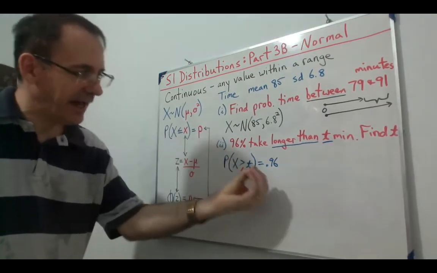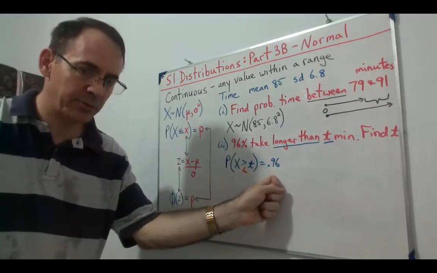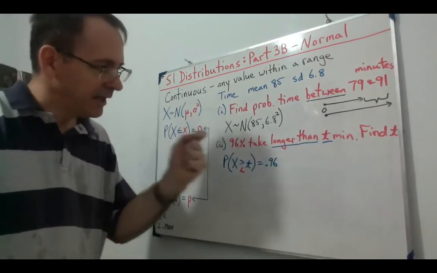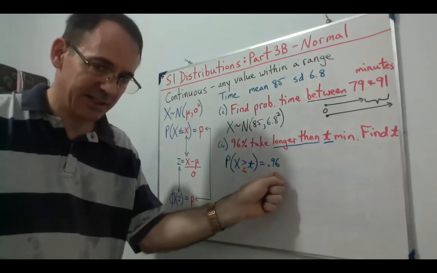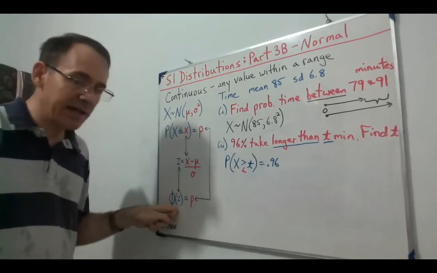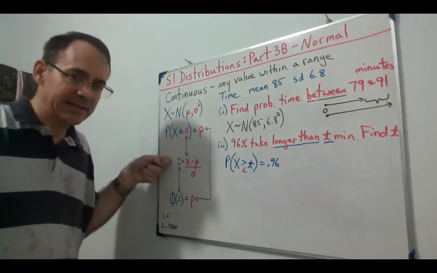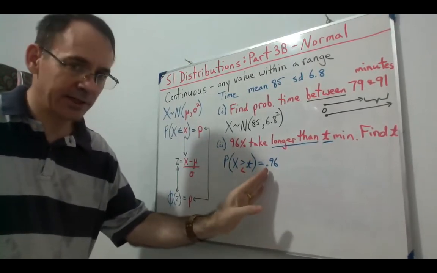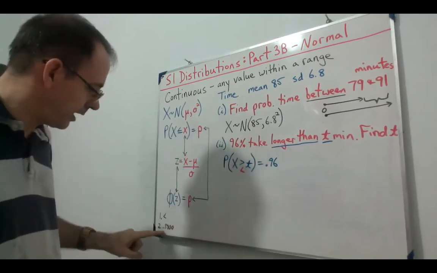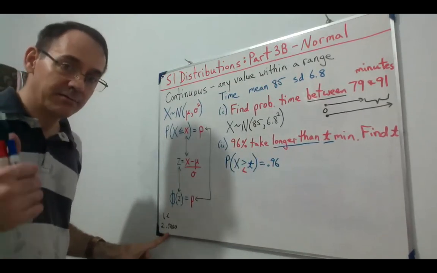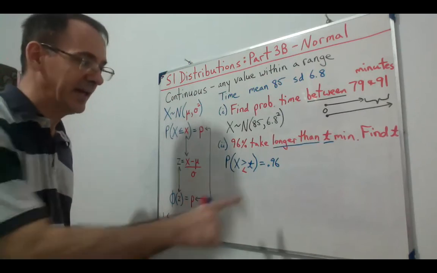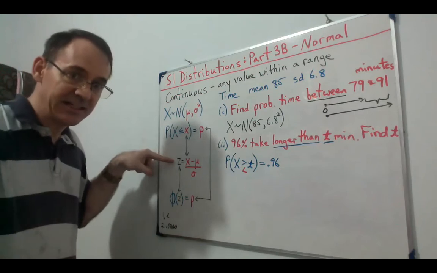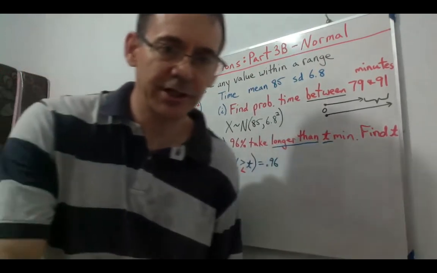So since we can't do 1 minus the probability, the other way that you can adjust for this is to just look up the 0.96, get the z number, but then make it negative. So if you can do the 1 minus probability, which means it will jump it above 0.5000, then that's good. If you can't, like we can't here, then you've got to look up the number and change the z sign to negative. So that's what we're going to do.